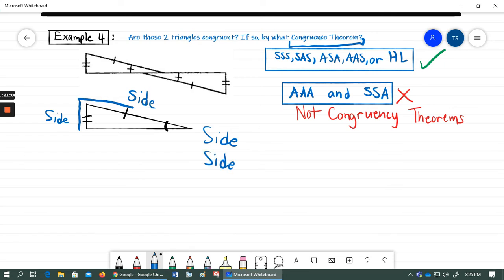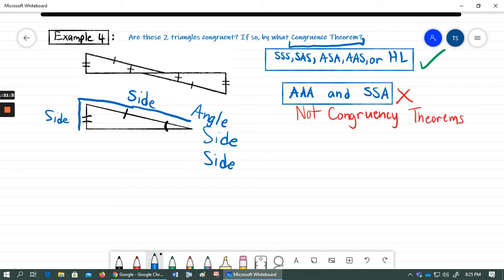Alright, so that's side, and then of course, guys, the last congruency mark that you get to there is for an angle, right? If you follow along the triangle, it doesn't matter which way you start. Either you're going to have it in the order of angle, side, or in the order of side, angle.